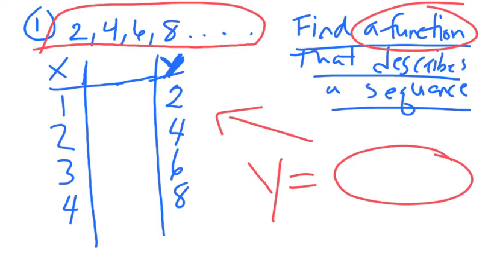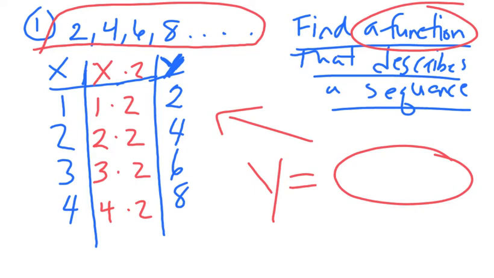How can you get from 1 to 2? And 2 to 4? And 3 to 6? And 4 to 8? What's happening from the x to the y? Well, what's happening is x times 2, because 1 times 2 is 2, and 2 times 2 is 4, and 3 times 2 is 6, and 4 times 2 is 8.